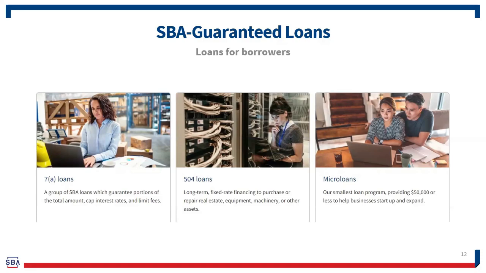The other types of loans we do have are 504 loans. Those are long-term fixed rate financing to purchase or repair real estate, equipment, machinery, or other assets. With 504 loans, you're going to be working with what's called a certified development corporation, and we have 4 of them located in New Hampshire that we work with regularly.